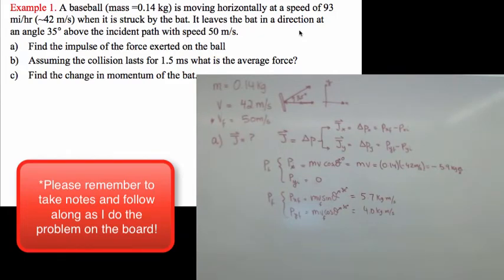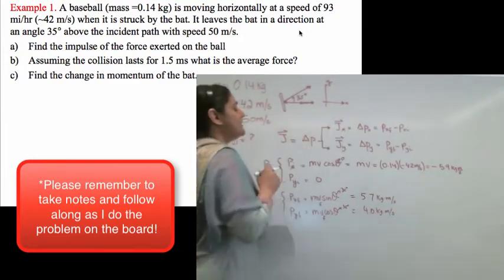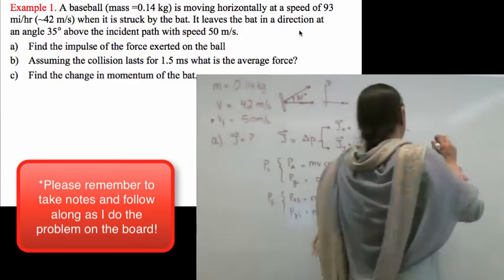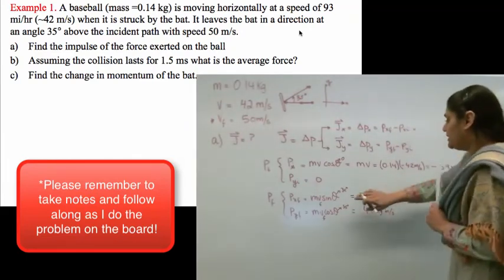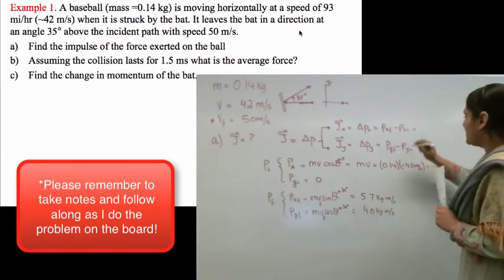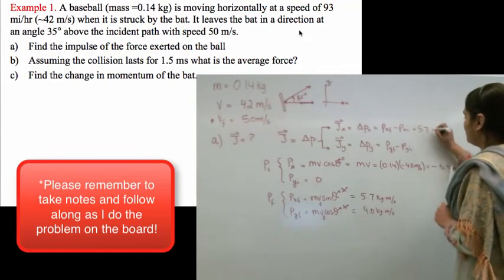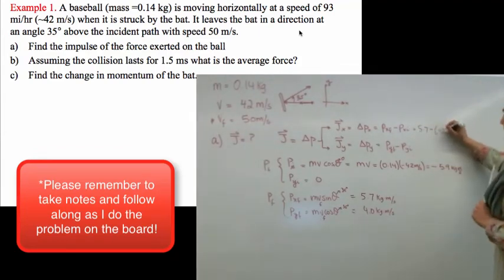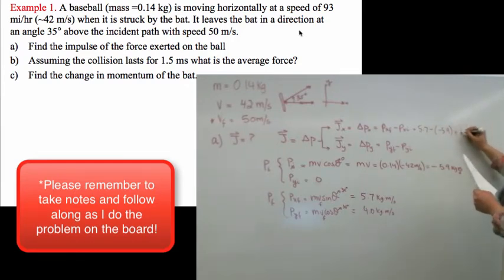So now that I have my initials and my finals, I can go ahead and plug them back into here and be able to solve them. So my Jx, which is going to be here, is going to be that value right here, 5.7, minus that value here, minus 5.9, to give me a total of 11.6 kilograms meters per second, right?